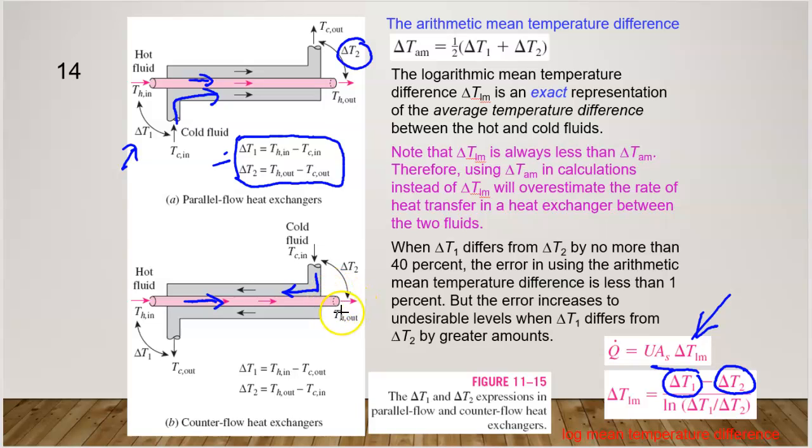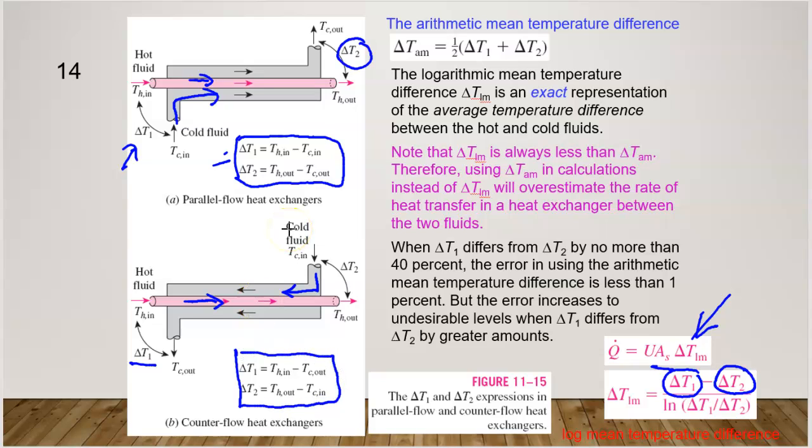Okay, so this is hot in, this is hot out, this is 2. So delta T2 is TH out minus TC in. And we have another one, delta T1. Delta T1 is TH in minus TC out. Okay? So this is the complete formulas.